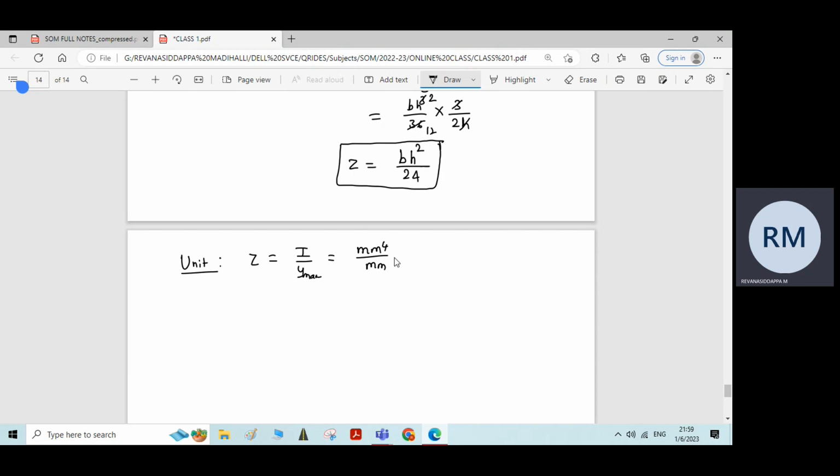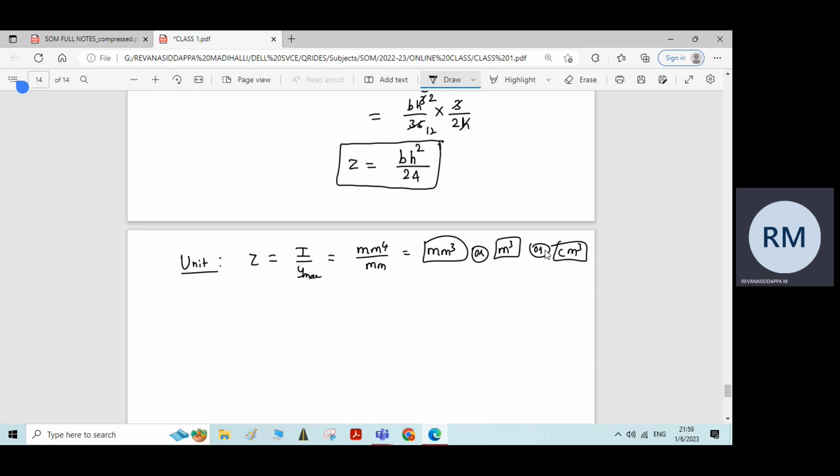So the final unit for the section modulus will be mm cube, or we can also mention meter cube or centimeter cube. Distance cube is the unit of section modulus, represented in millimeter cube, meter cube or centimeter cube.